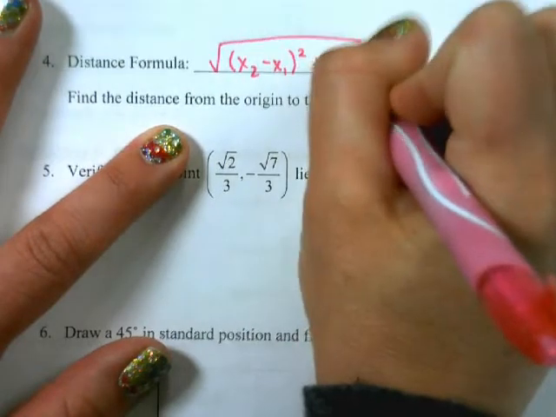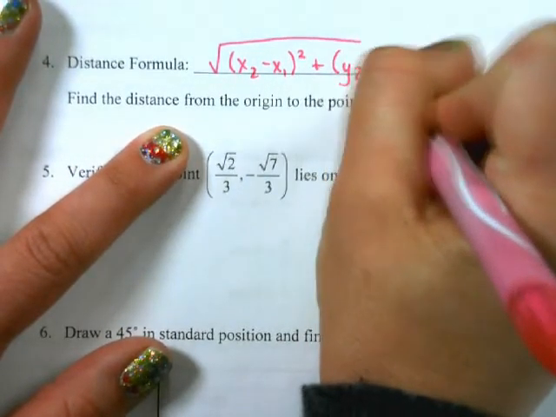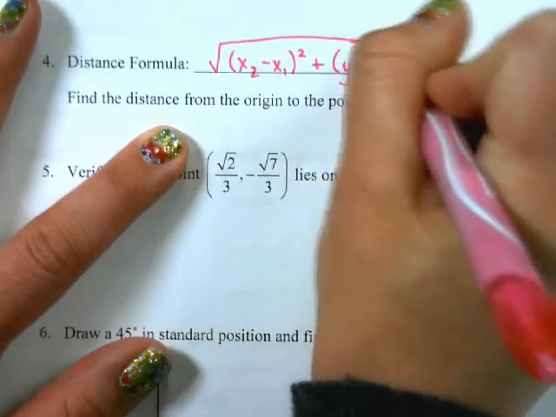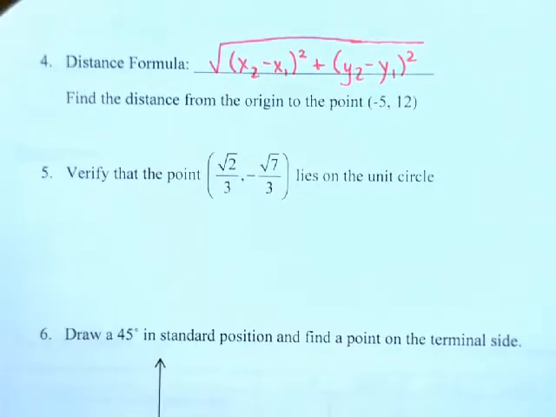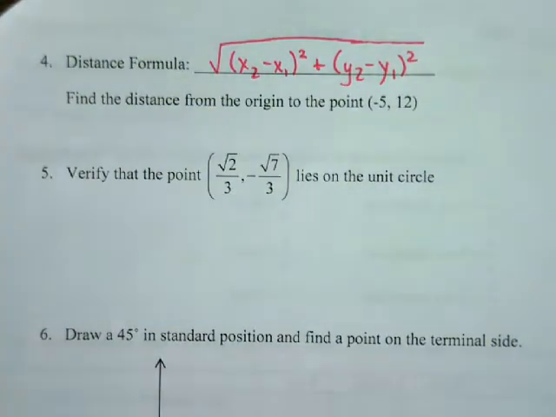I wrote it on my formula sheet, which is the only reason I remembered it. Remember that the distance formula comes from the Pythagorean Theorem, and maybe that'll help you remember it.